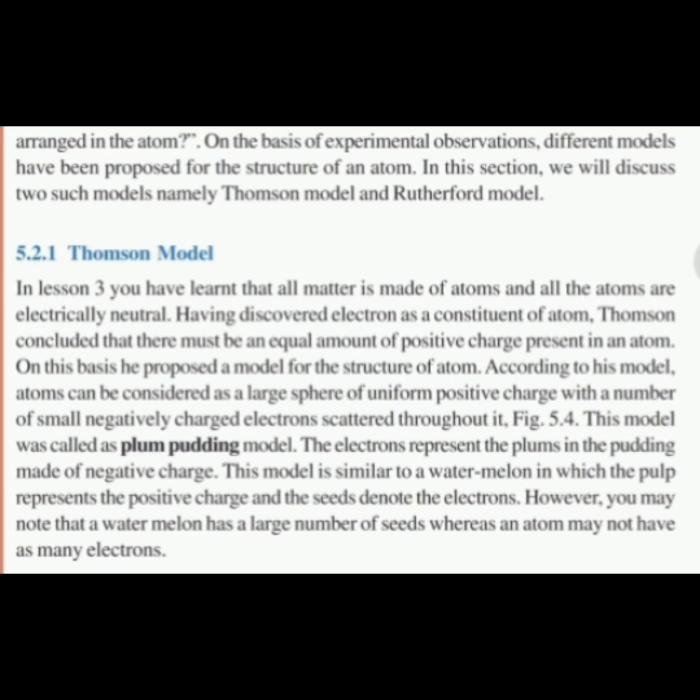Okay, so Thomson, a scientist, came to a conclusion and told the scientific community that there must be an equal amount of positive charge present in an atom. So if there is an atom, there must be an equal amount of positive charge. On this basis, he proposed the model of the structure that you can find in the Figure 5.4 picture.